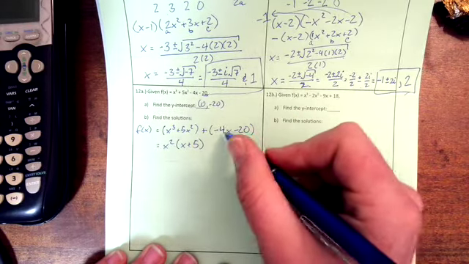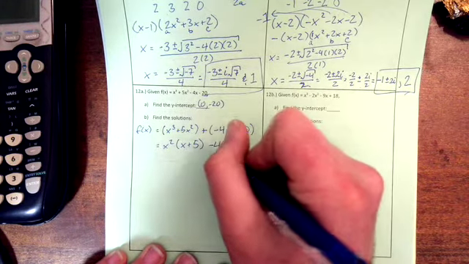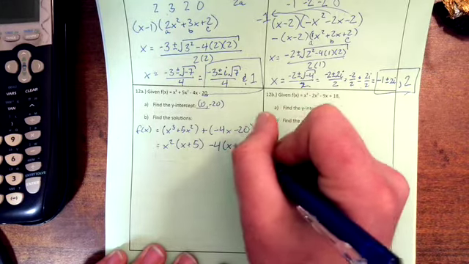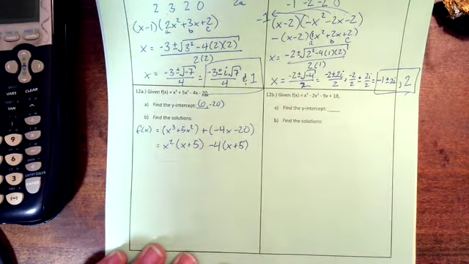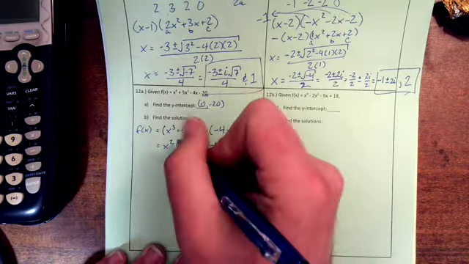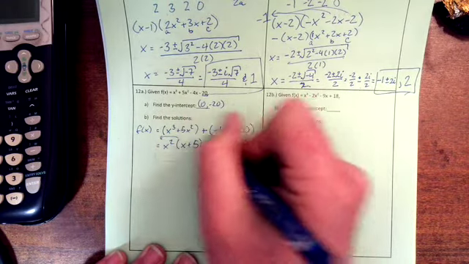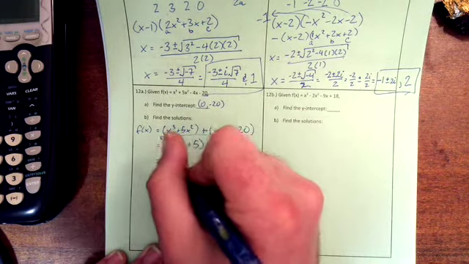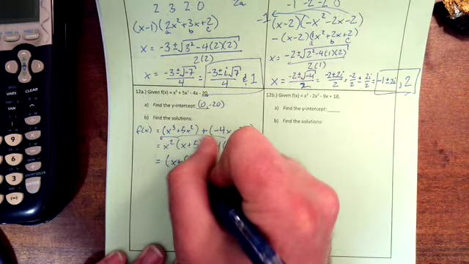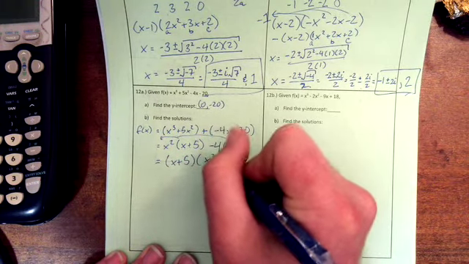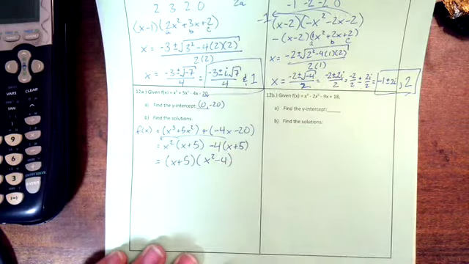The greatest common factor I can pull out of the second pair is a negative 4, leaving me an x plus 5. That looks a lot like somebody distributed an x plus 5 over an x squared minus 4.